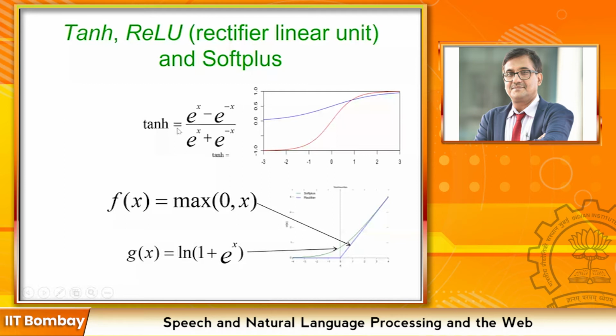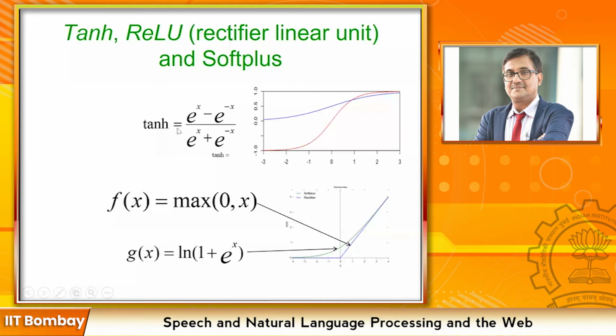And the ReLU function is defined as f(x) equal to max(0, x). So before 0, the value is 0, and there is a discontinuity at 0, with y equal to x as the behavior after 0, the gradient being 1.